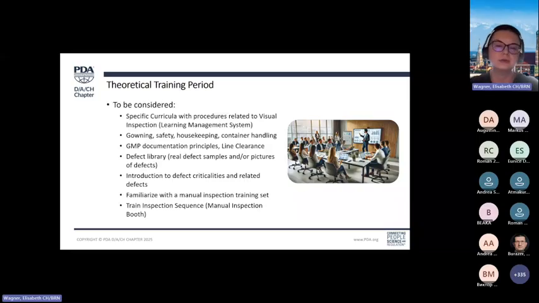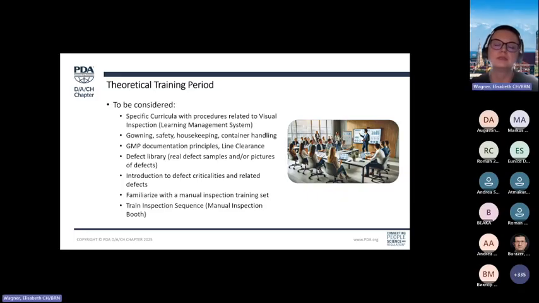So how to gown and be careful of housekeeping. So they have to be aware of how to clean equipment, the surroundings, the workplace. Safety is a very important aspect. So visual inspection operators need to wear protective glasses and safety shoes, and also gloves during visual inspection.